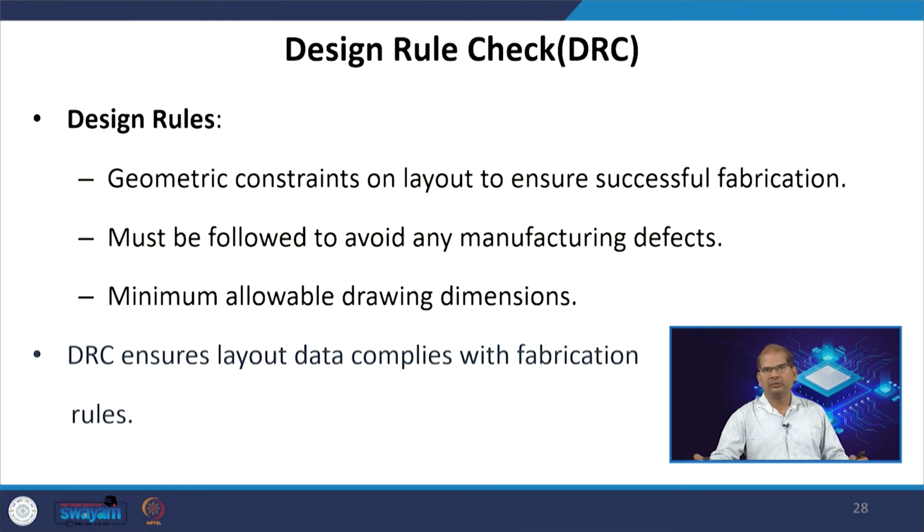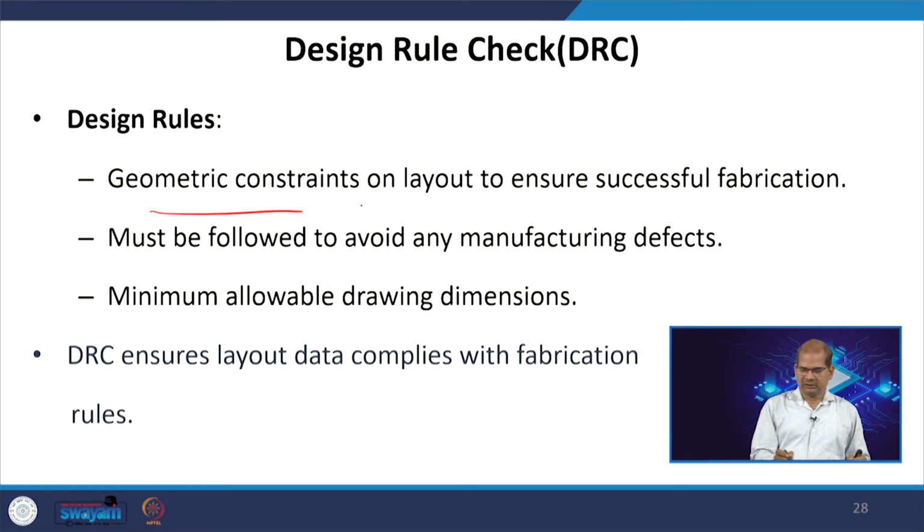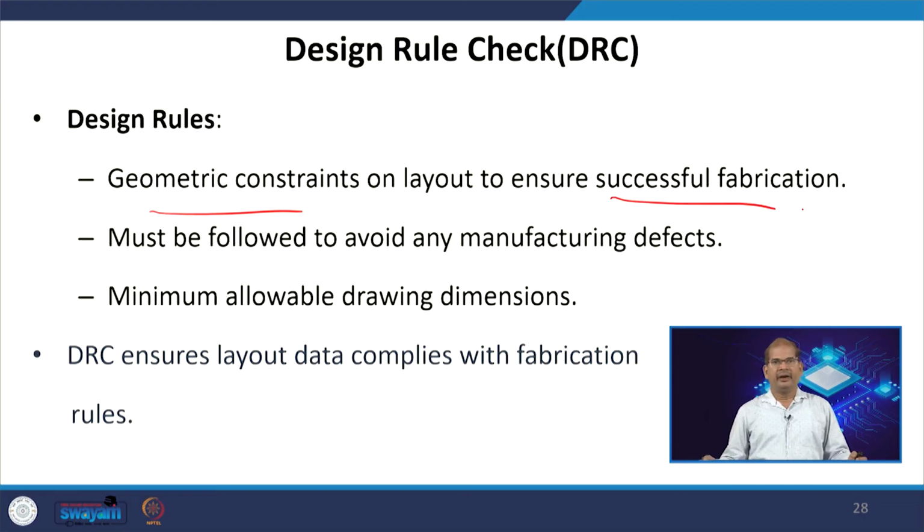We need to follow those rules while doing the layouts. These are geometrical constraints on the layout to ensure successful fabrication and avoid any kind of manufacturing defects. It will also tell you all the minimum design rules. We need to optimize your design.